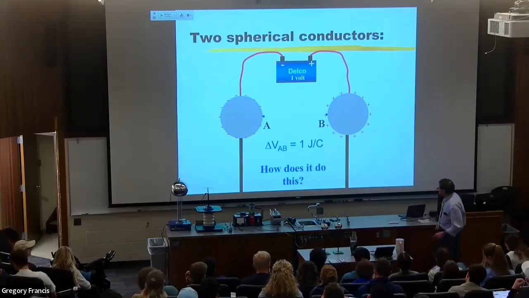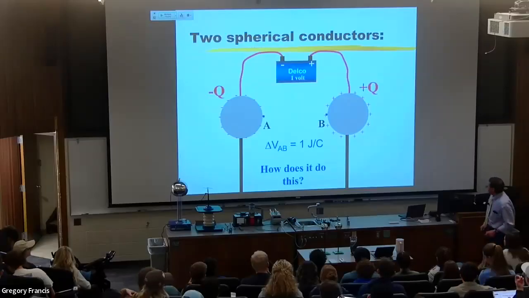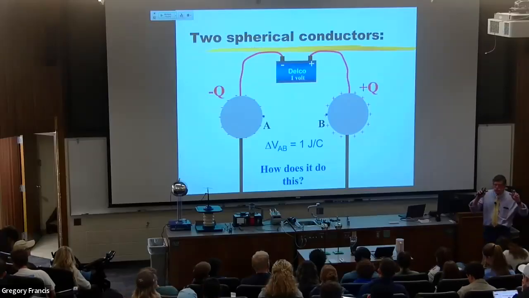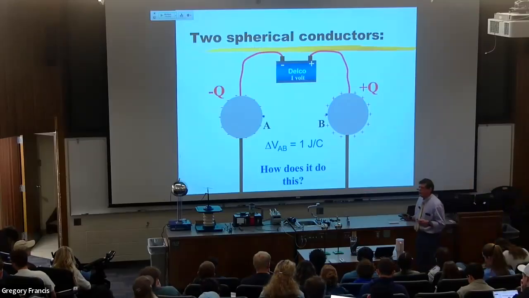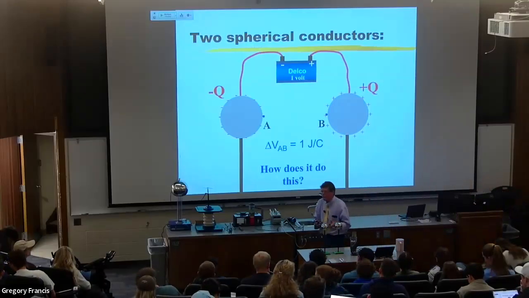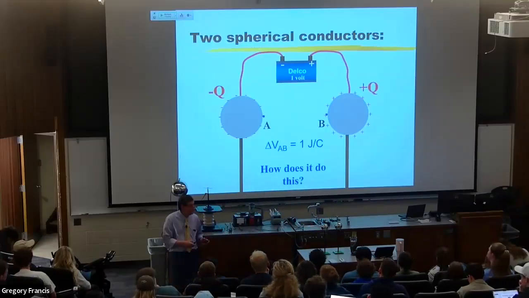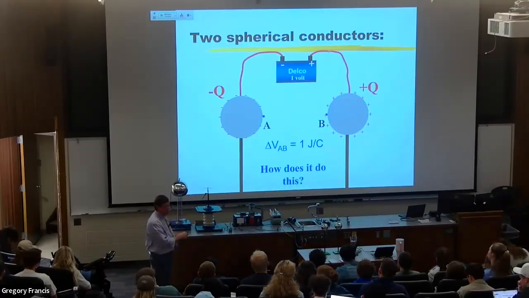Okay. Now, even though these are charged up, positive and negative, when I talk about the charge stored in a conductor, I mean a capacitor, I only deal with half of the charge.